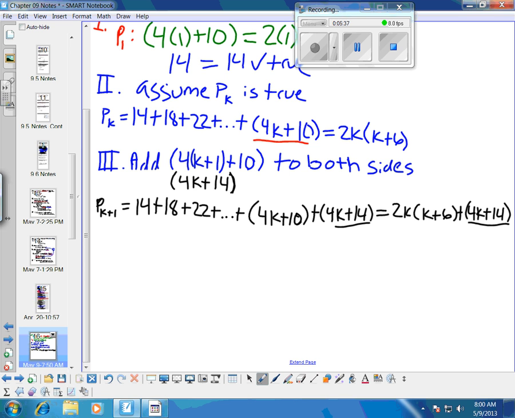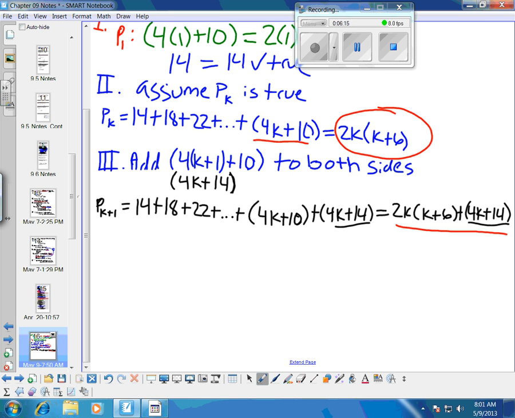The question is, is doing that going to be the same as taking the right side that we started with here and replacing those k's with k plus 1? If replacing the 2k times k plus 6 that I circled in red with k plus 1 is equal to what Bryce just did on the right side, then that proves that our statement is true.